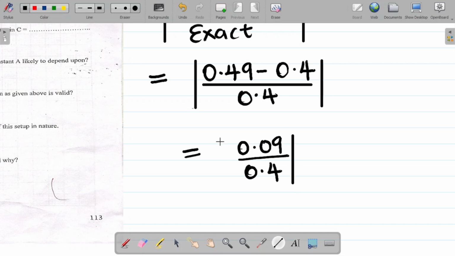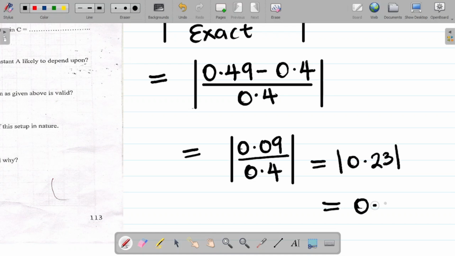Taking absolute value here, this will be equal to the absolute value of 0.09 divided by 0.4, about 0.23 approximately. So if I take the absolute value of 0.23, I'll have 0.23.